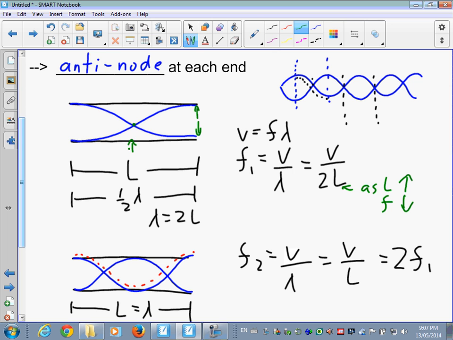The frequency is inversely proportional to L. As you can probably imagine, on my makeshift trombone, that was me taking the cardboard or the Bristol board and moving it in. The frequency went up as the length went down. The frequency would go down as the length goes up. So here I'm going to extend it.